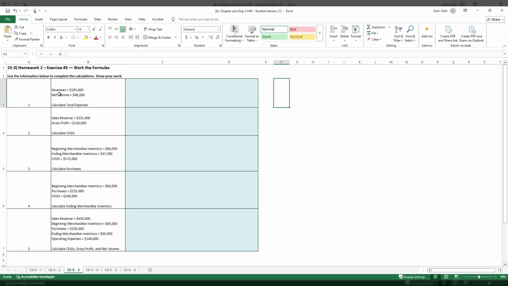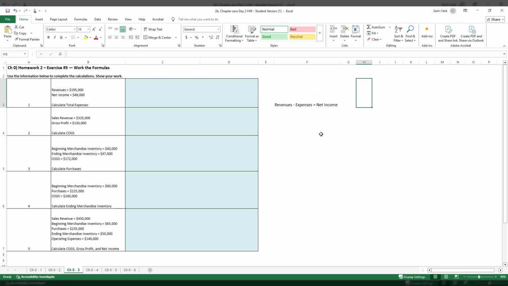So we know revenues, we know net income, and we want to calculate total expenses, right? I'm going to make some notes off to the side as we solve these, just to hopefully make it a little more clear. So remember that revenues minus expenses equals net income, right? So what do we know?